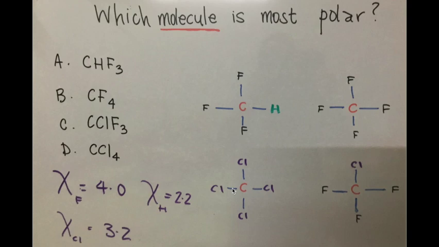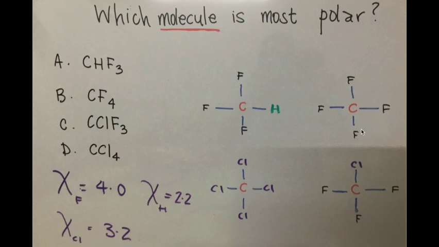But you should not get confused, of course, between bond polarity and molecular polarity, because CF4 is going to have the most polar bond, this carbon to fluorine bond. The difference in electronegativity here is the greatest.